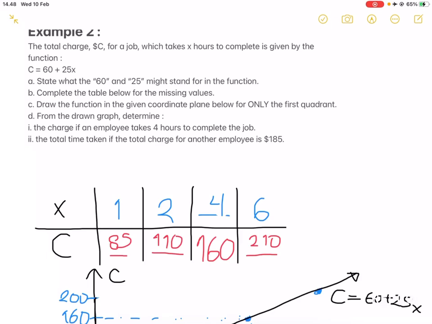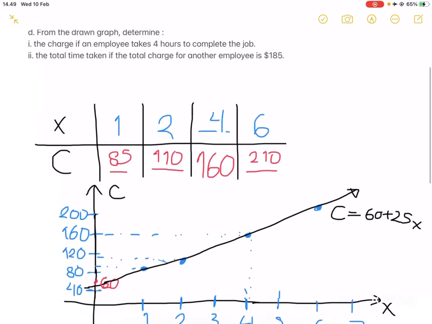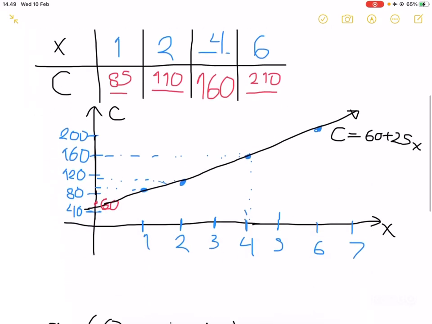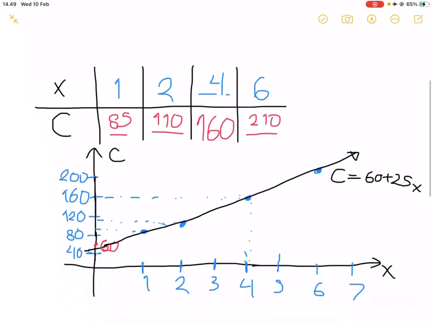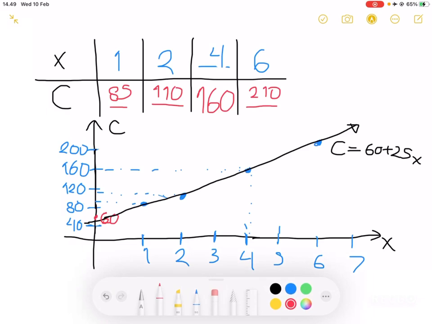Okay, for part D and the last part, from the drawn graph, determine the charge if an employee takes 4 hours to complete the job. So straightforward, you can just substitute x equals 4 into the function. However, since we already have a drawn graph, we can just look at this. So let's look at x equals 4, and then let's draw a vertical line and stop where it intersects with the function.